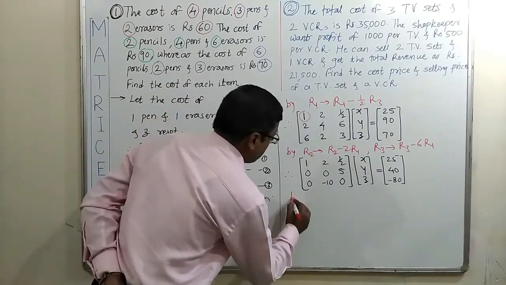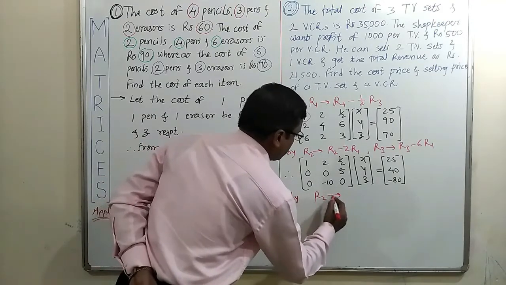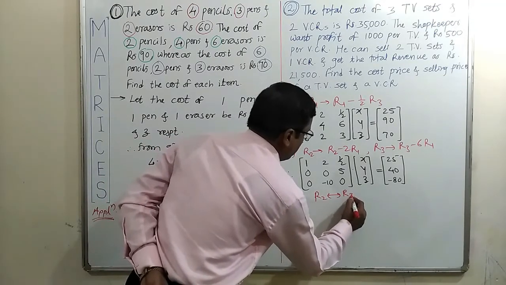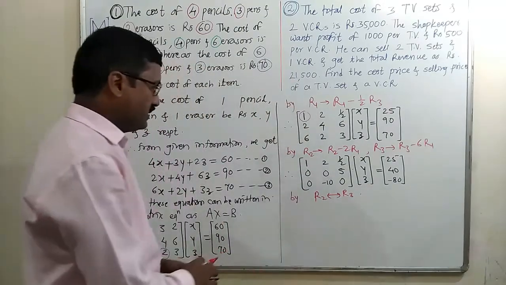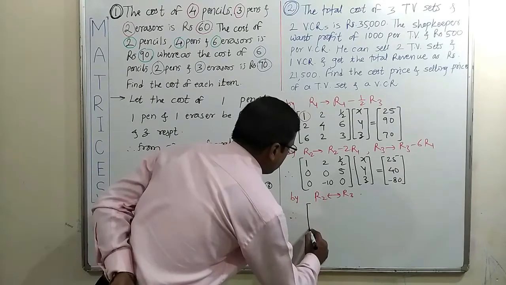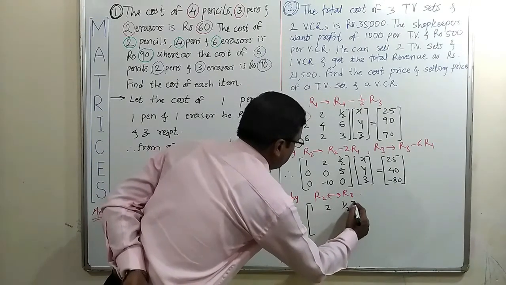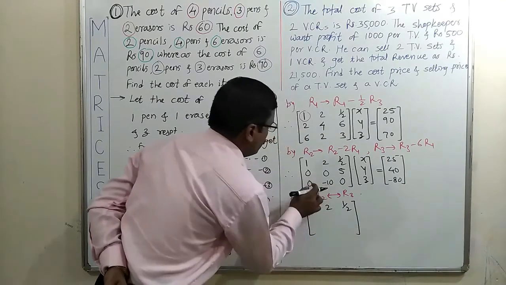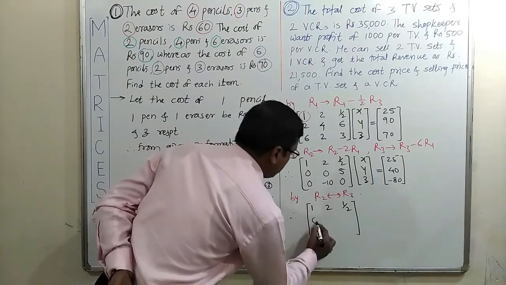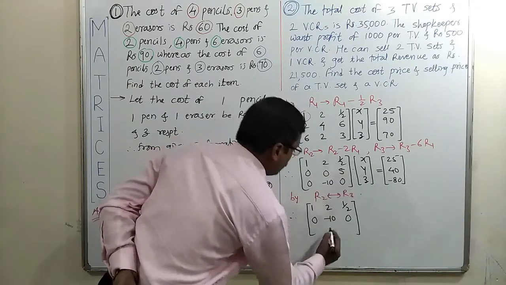So by R2 interchanges with R3, we get our required form, such that 1, 2, half into 0, minus 10, 0, then 0, 0, 5.